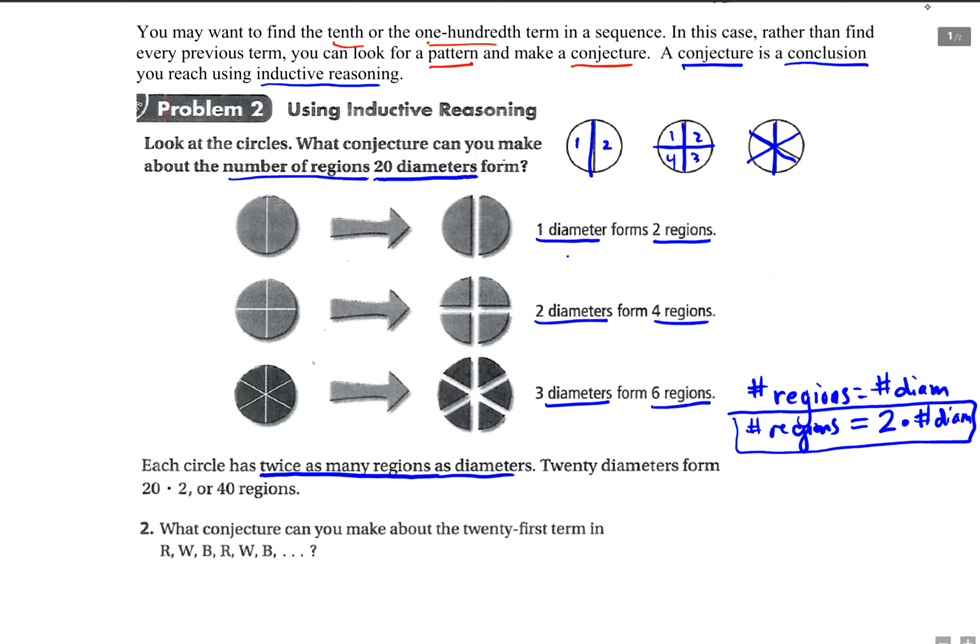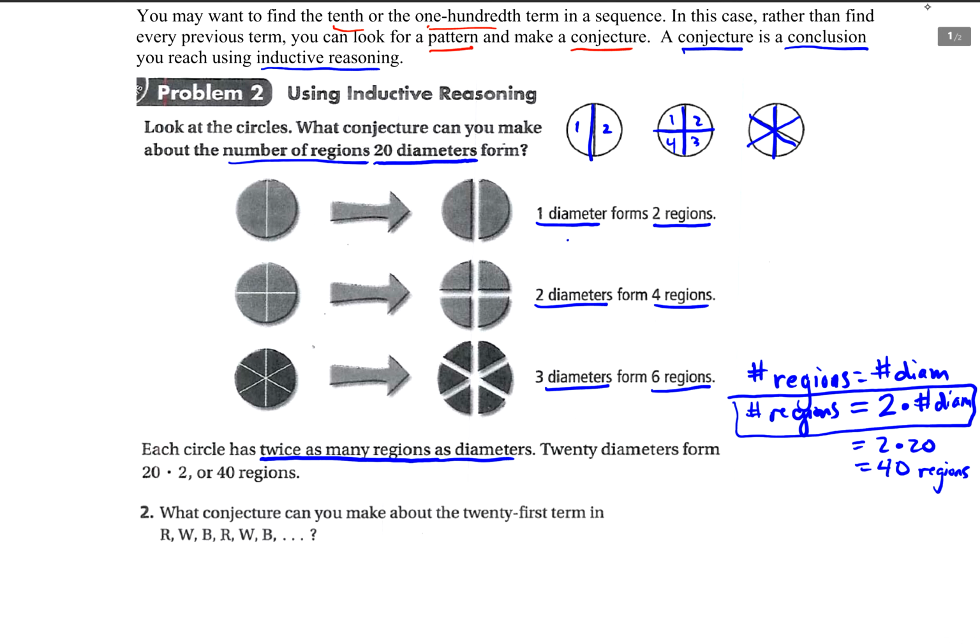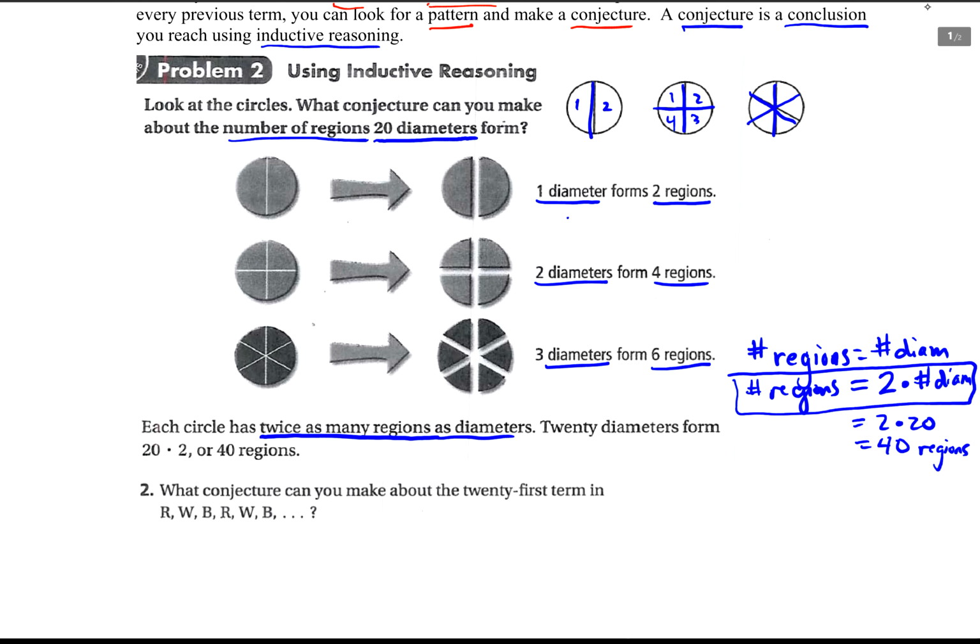If you remember from algebra, that's going to form a rule. So y would equal 2x, or r would equal 2d. So our 20 diameters, so the number of regions would equal 2 times 20. So if we have 20 diameters, then we have 40 regions. All right, go ahead and pause the video and do the next problem.